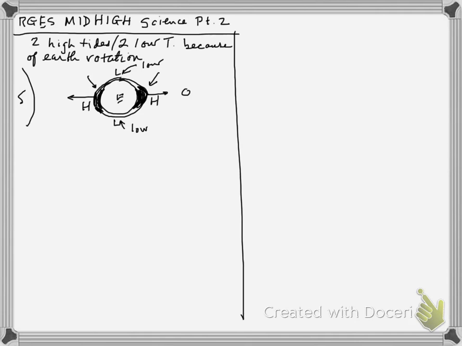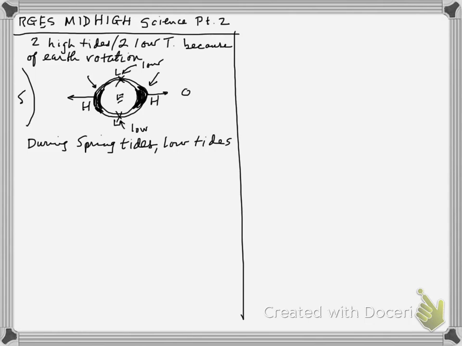Okay, now during the spring tides, and of course I'm going to be giving you a good worksheet on this, but during those spring tides, there are the low tides, which happen on each side of the Earth, just like this diagram. I'm going to put two X's here. There's the low tide, there's the low tide.